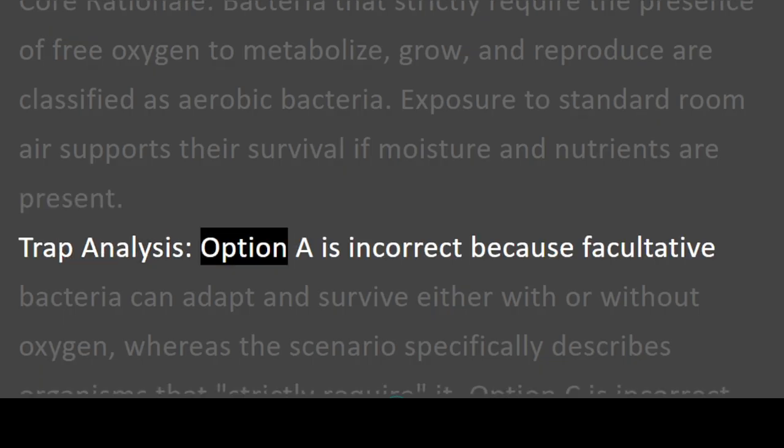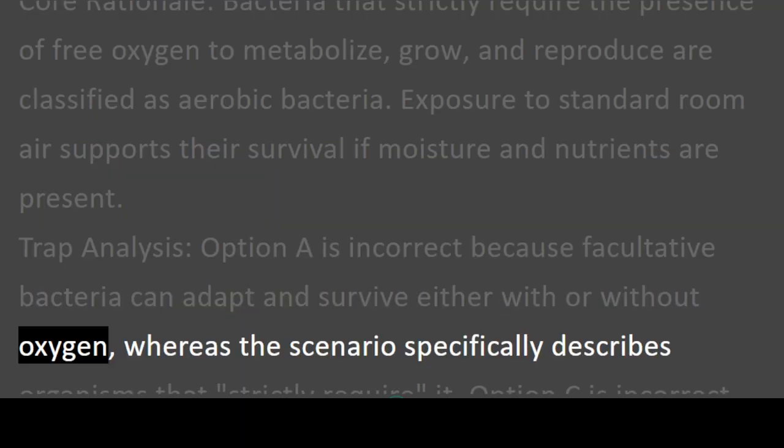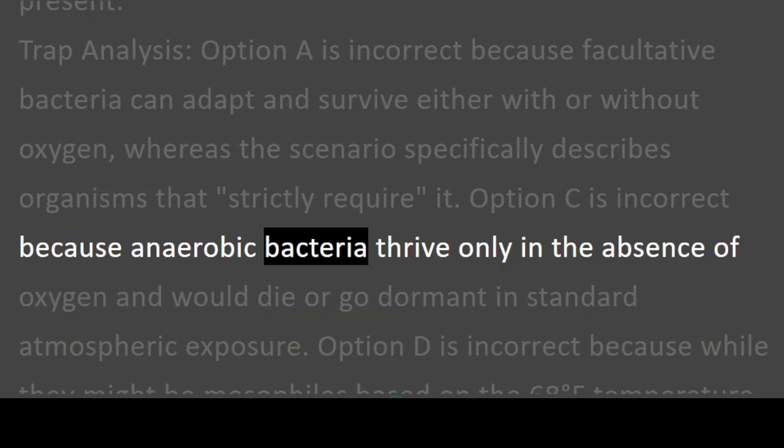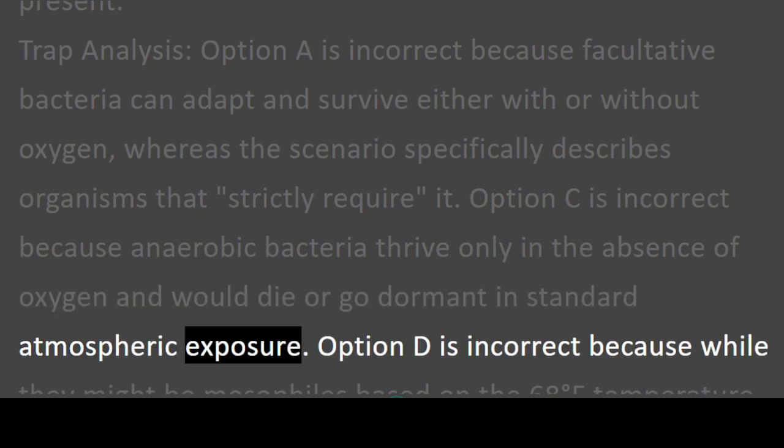Trap analysis. Option A is incorrect because facultative bacteria can adapt and survive either with or without oxygen, whereas the scenario specifically describes organisms that strictly require it. Option C is incorrect because anaerobic bacteria thrive only in the absence of oxygen and would die or go dormant in standard atmospheric exposure.